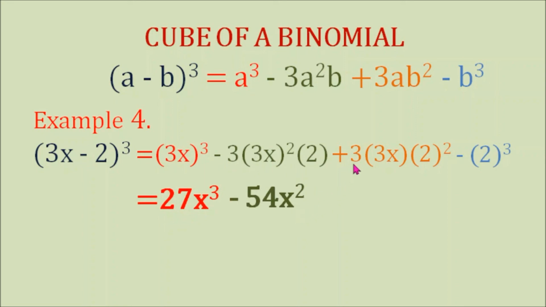Then for our third term, we have 2 squared is 4, so 4 times 3 is 12. 12 times 3x, it's 36x. And minus the cube of 2. Cube of 2 means 2 times 2 times 2, and that's 8, so minus 8. So this is our answer: 27x cubed minus 54x squared plus 36x minus 8.